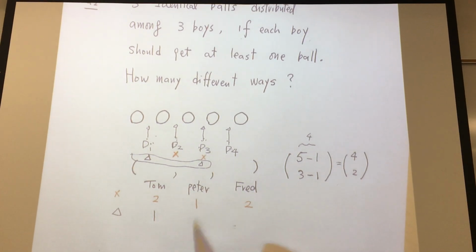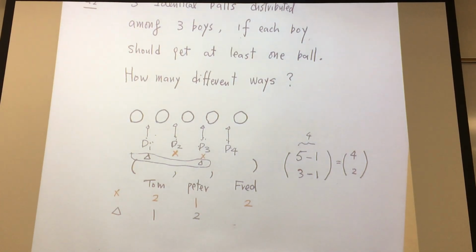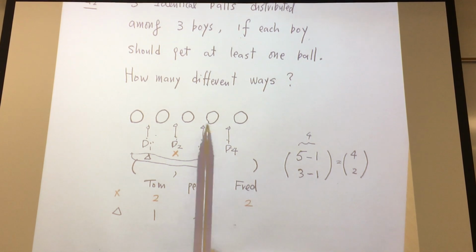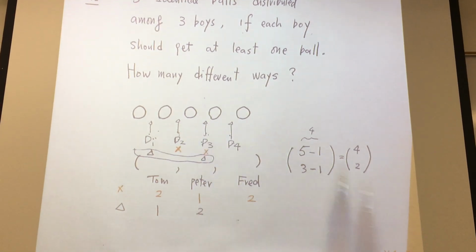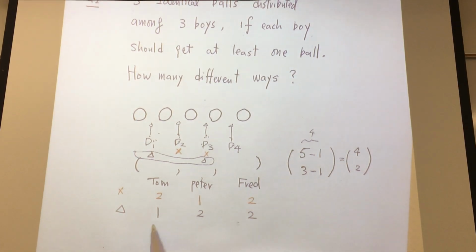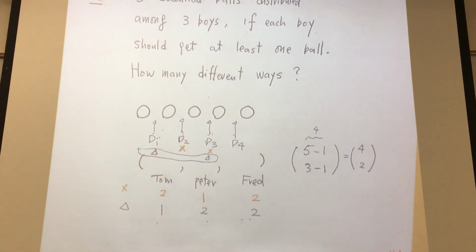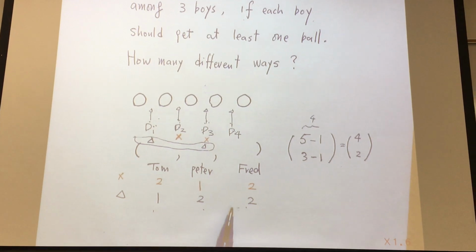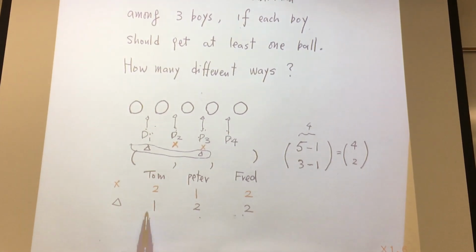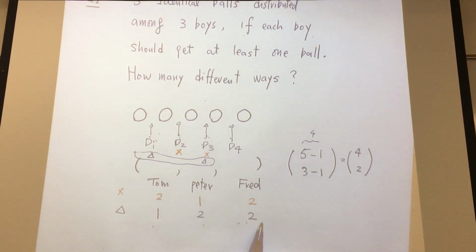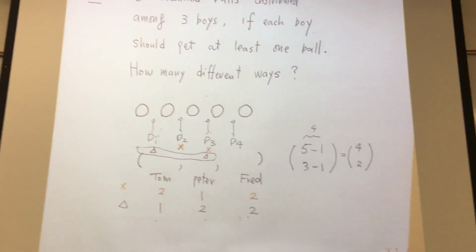Peter gets 2. And Fred gets 2, because the divider is here. Can you see that? So this is 1, 2, 2. You want to find all the combinations that add up to 5, but you are not allowed to have zeros. How many different ways can we do that?